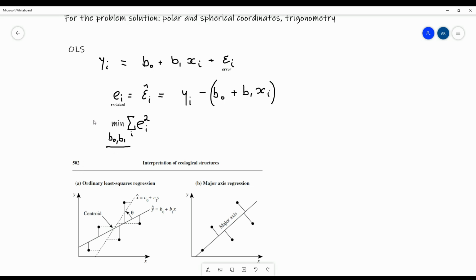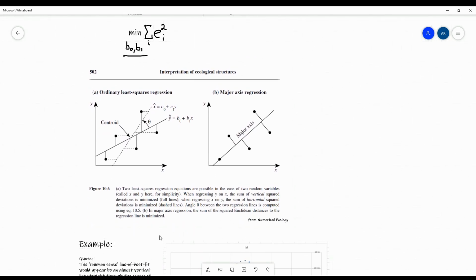What I'm showing in the plots here is from one of the books I'll refer to later, Numerical Ecology, and we'll see why.